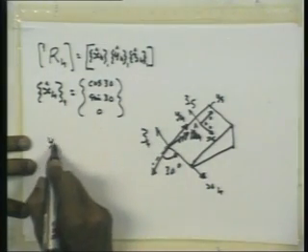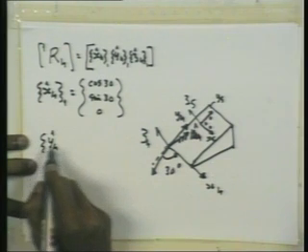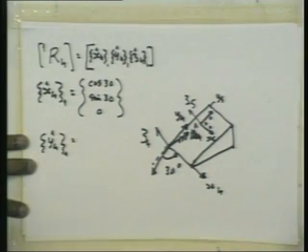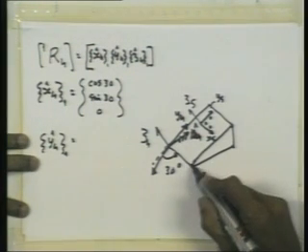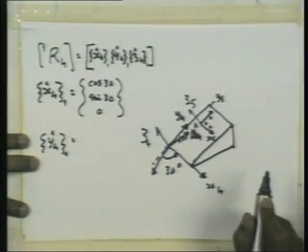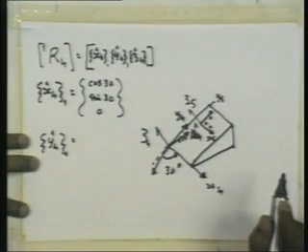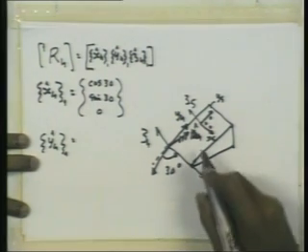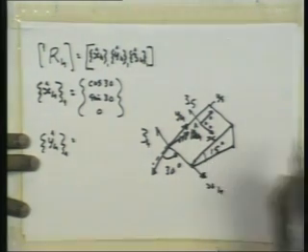What about the y4 unit vector? Y4 is along this. What about its z coordinate? This is 15 degrees, by the way.